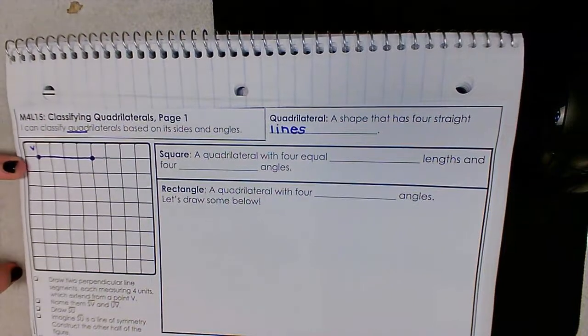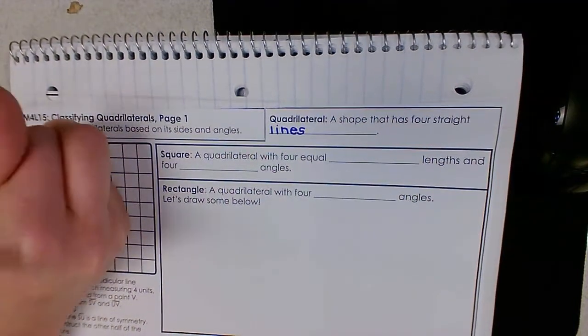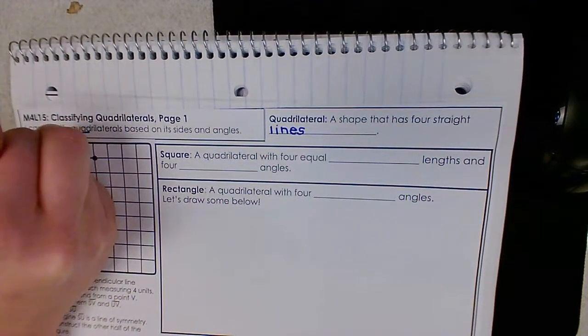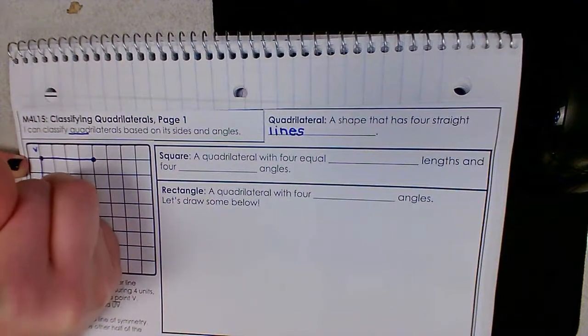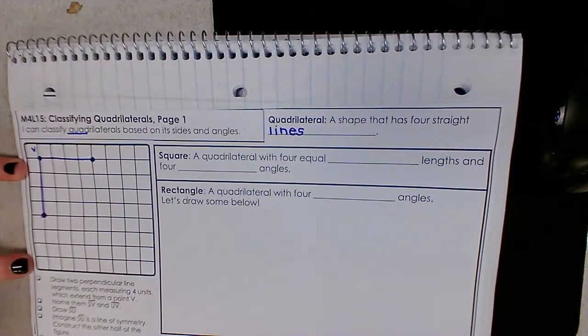And its perpendicular direction, which forms a right angle, would be vertical 4 units. 1, 2, 3, 4. And I'll end it with an endpoint.